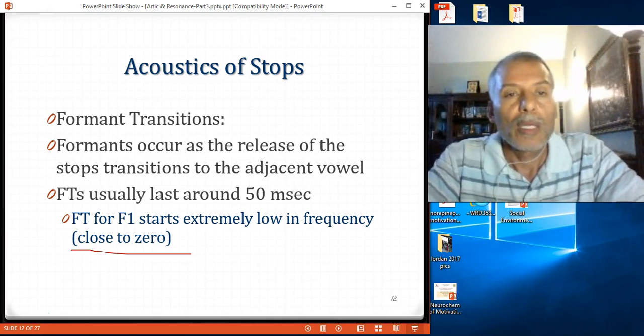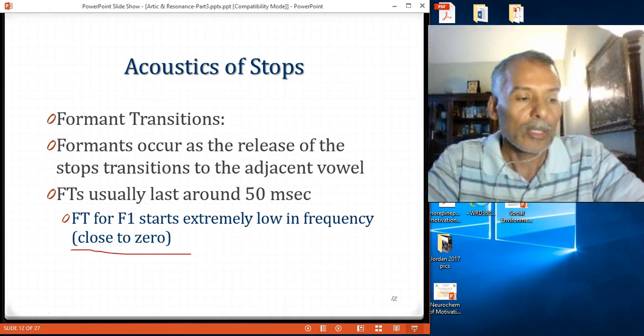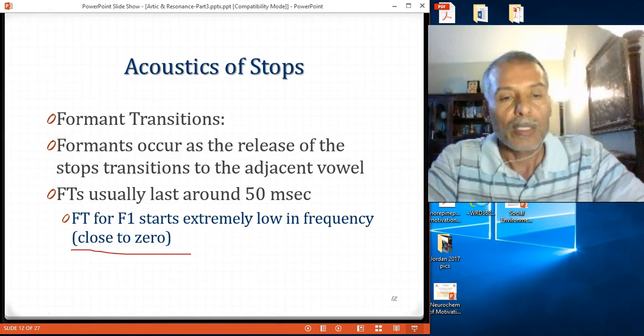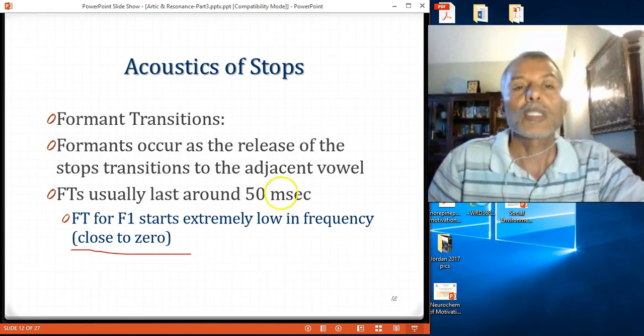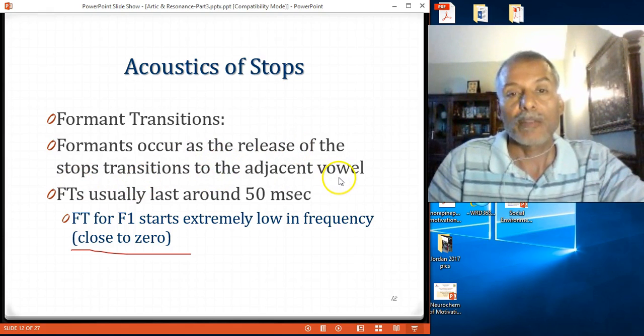Now let's look at the acoustics of the stops, the resonant characteristics of them in the vocal tract. So first, formant transitions occur as the release of the stops transitions to the adjacent vowel.